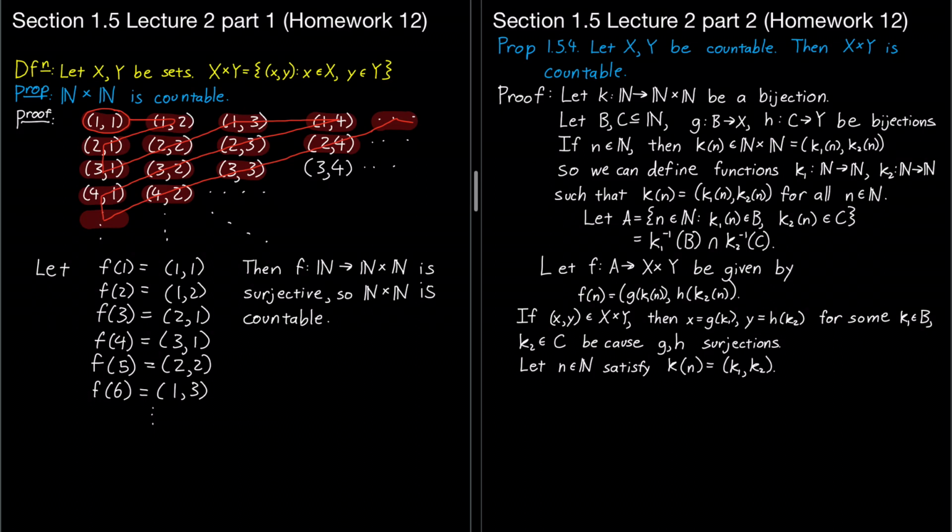And k1 is in B, k2 is in C. So our n is in A because K1 of n is in B, K2 of n is in C, and F of n, remember, that's G of K1 of n, H of K2 of n, but that's G of k1, H of k2, which is (x, y).